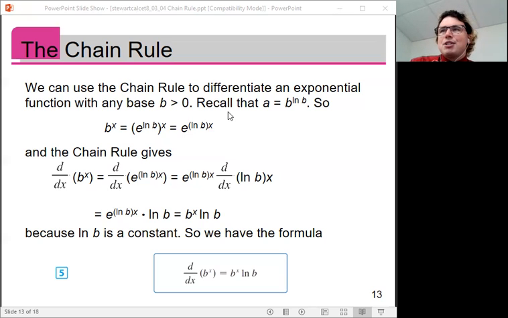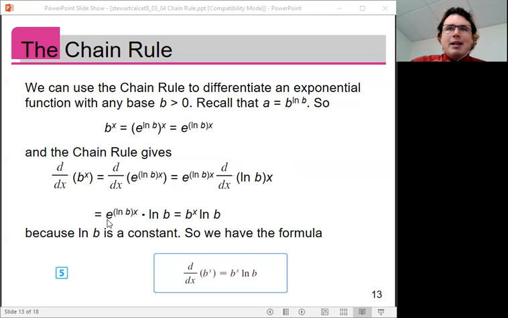And the inside function is just going to be x times a constant, natural log of b. So my derivative here is going to be e to the power natural log of b times x times the derivative of constant times x. Well, the derivative of constant times x is just that constant.